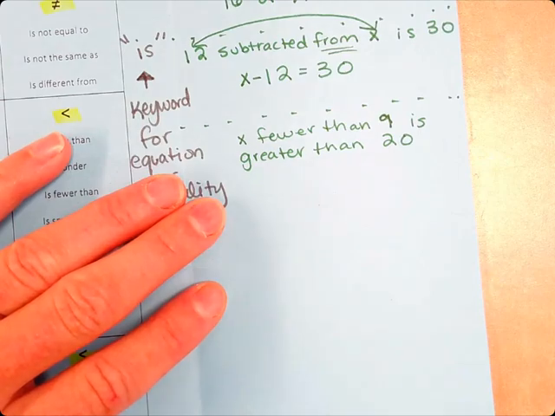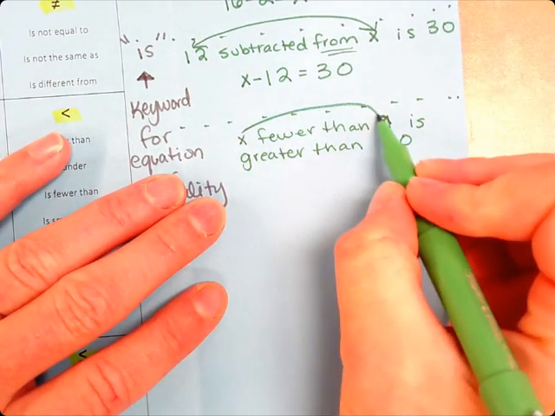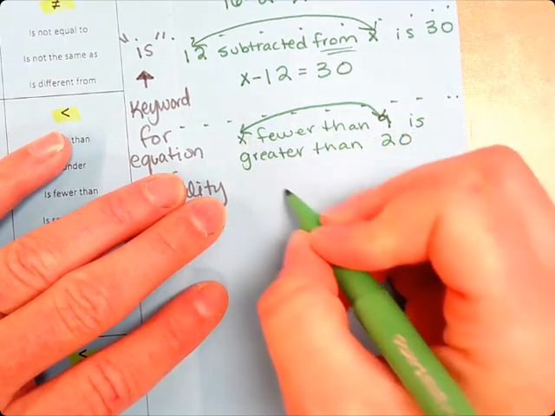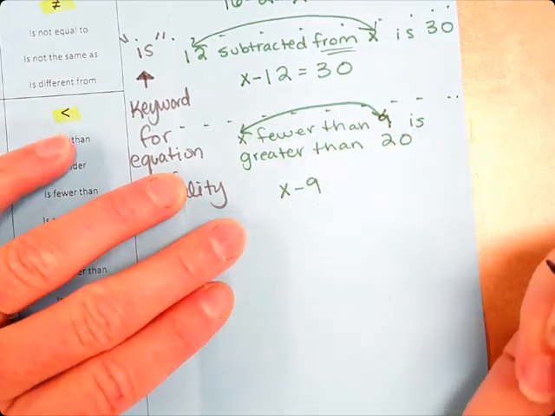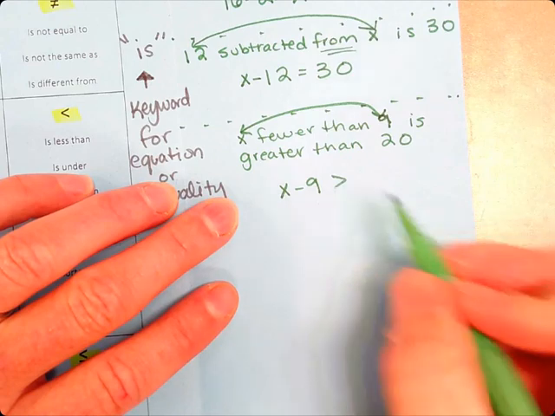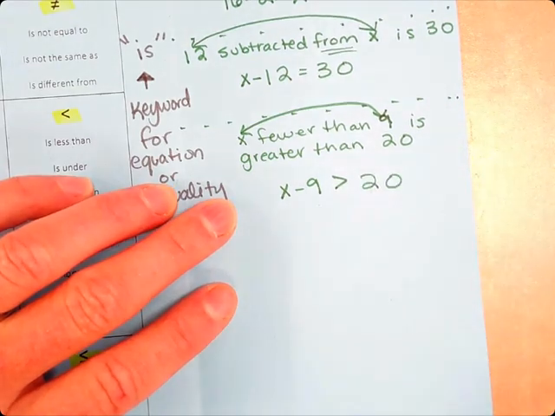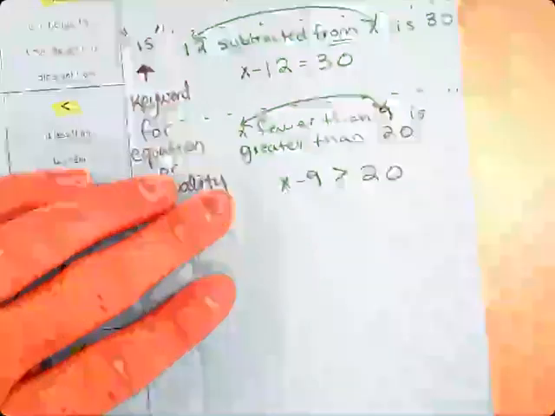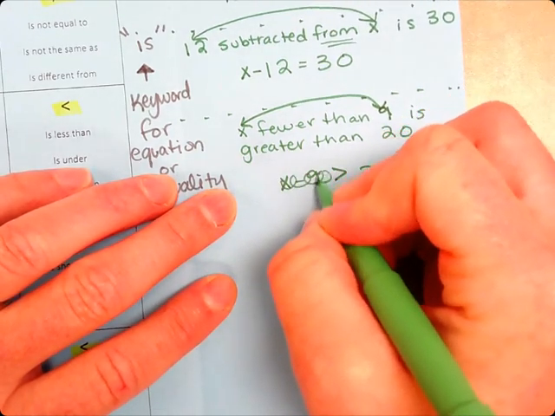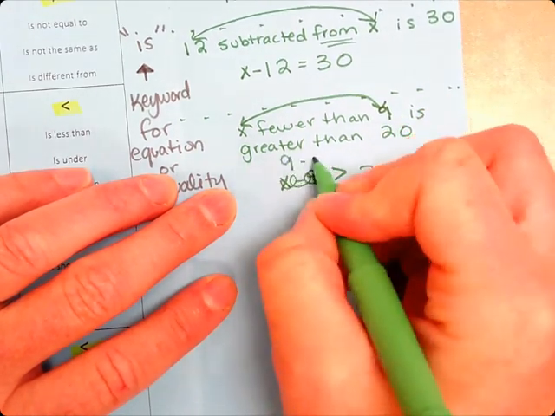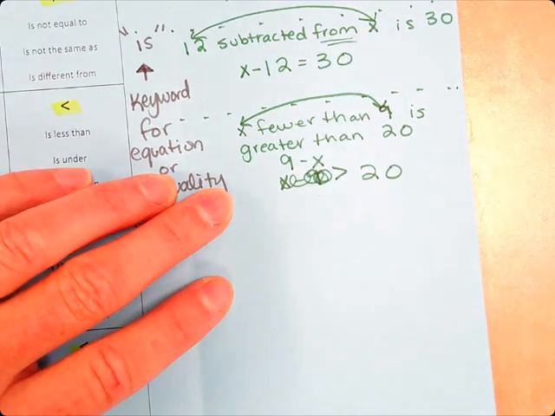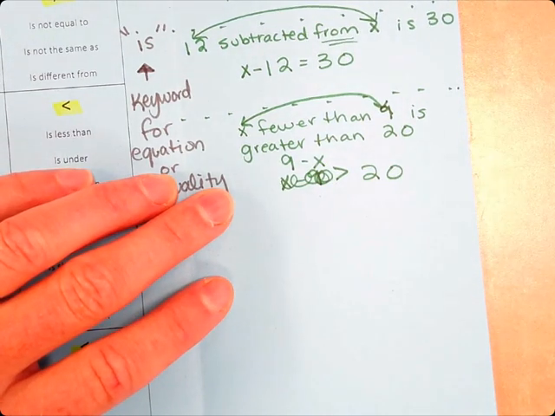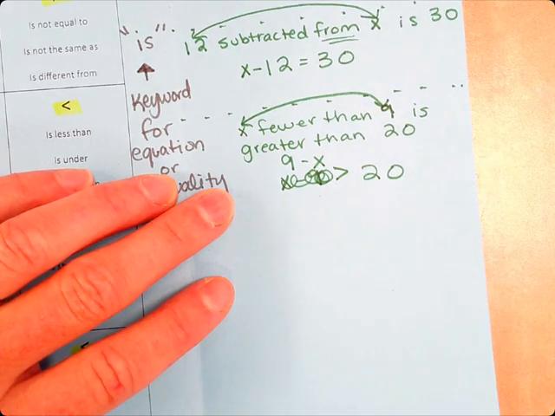So that means I have 9, and I'm going to take x away from it. So that's that turnaround. So 9 minus x is greater than 20. Did I flip those around? Nope. X fewer than 9. So that means I have 9 and I take x away.